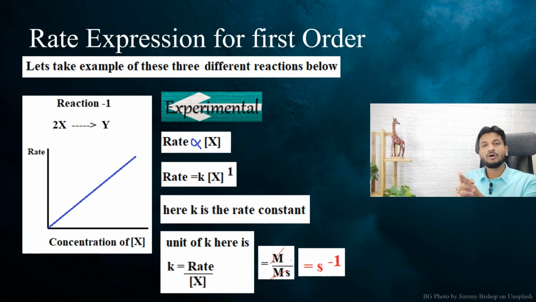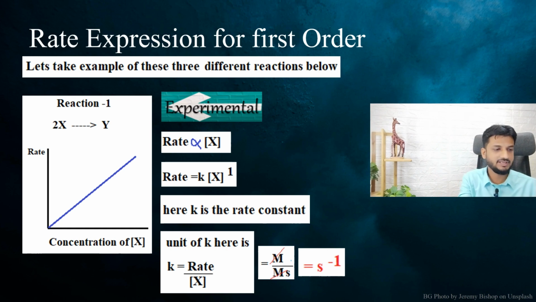So that is the unit of rate constant for the first order. Now why am I calling it first order? Because my power of X here in the rate law is 1. Now what is order? How does this power affect everything? We will see in the next video. But for now, remember one thing: order is 1 if the rate is proportional to concentration to the power 1.